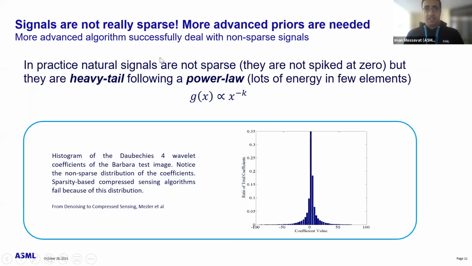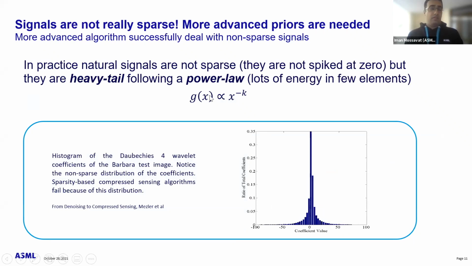However, real signals are not sparse, so you need more advanced priors. In reality, for example, this is a wavelet coefficient of a famous image called Barbara. And you can see that this is heavy tail. This means that it has a lot of very large values and it's not spiked here. So there are a lot of mid values as well. We call this power law.